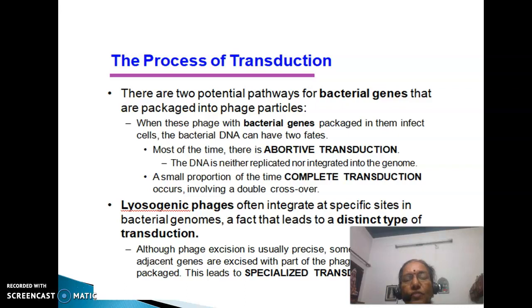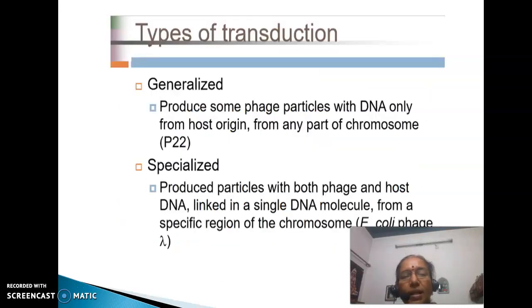Now the process of transduction is generally understood as two modes. One is called generalized, the second one is specialized. In generalized transduction, as the term indicates, any portion of the bacterial chromosome can be picked up by the viruses and transferred to another bacterial cell.